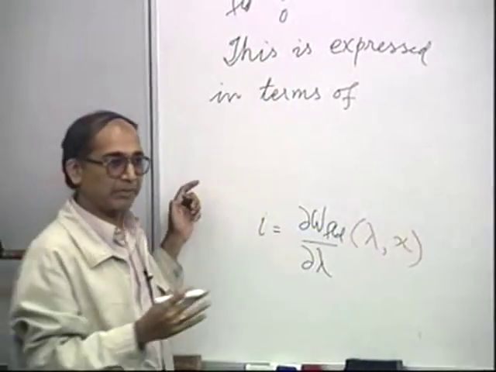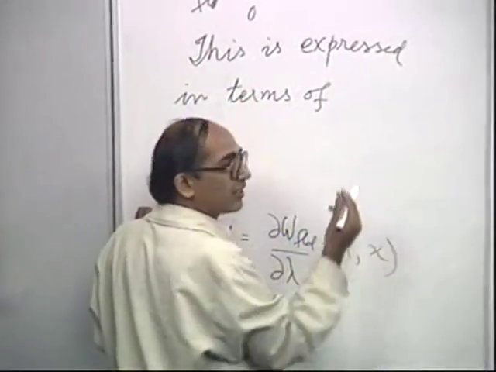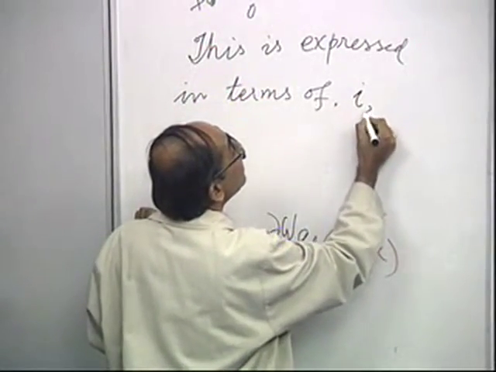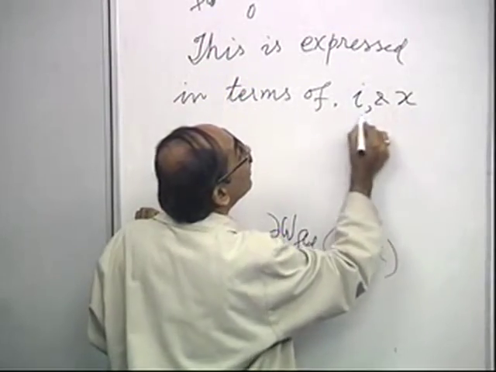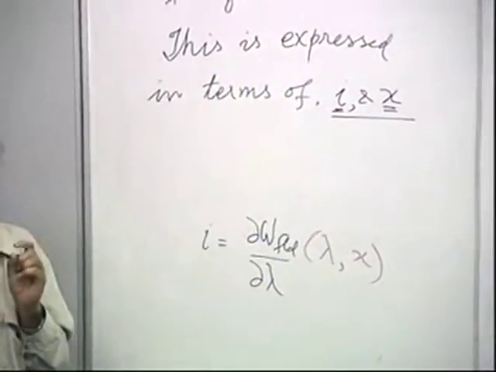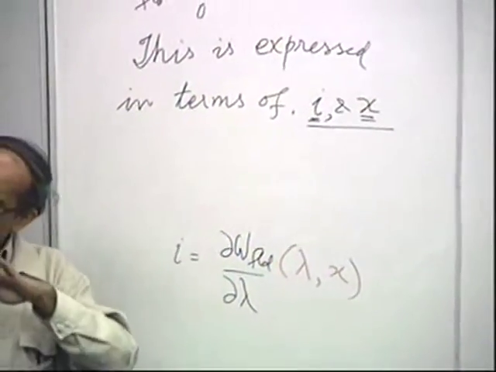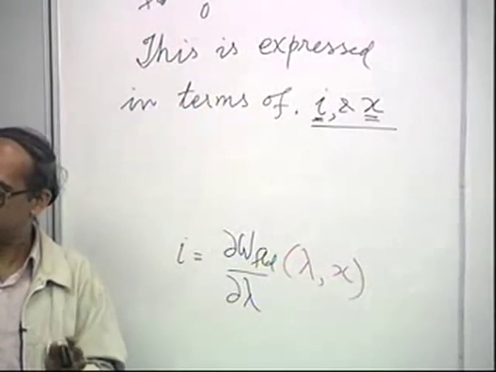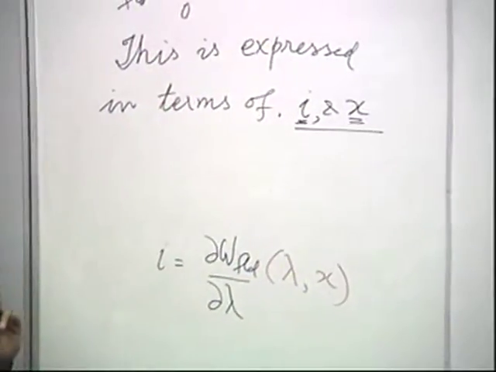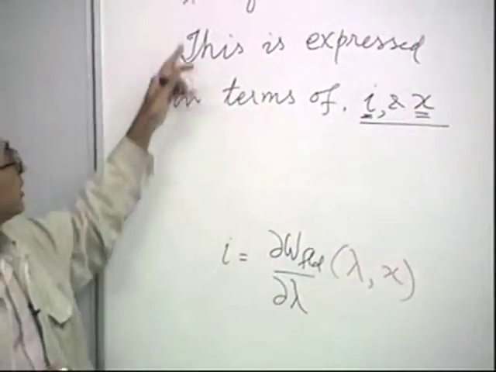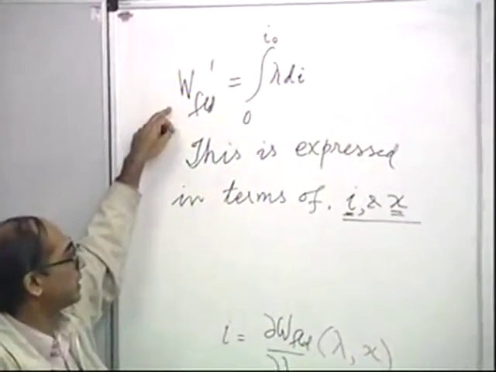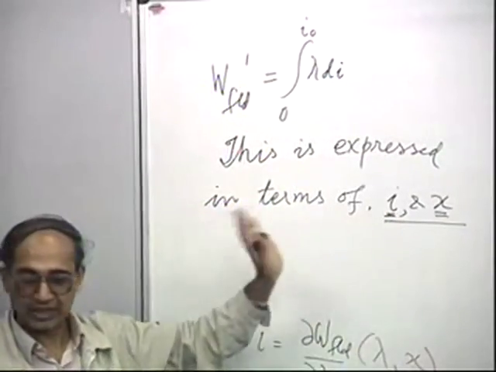What is the electrical state? No, it's not X. Electrical state is I and the mechanical state is X. So energy depends both on the electrical state and the mechanical state. Okay, so you express it in I and X. Now this W field dash is expressed in terms of I and X, whereas W field is expressed in terms of lambda and X. Okay.